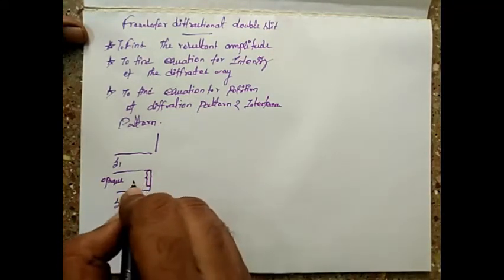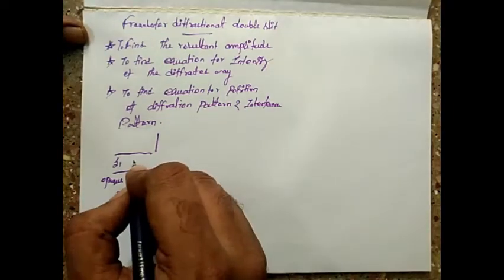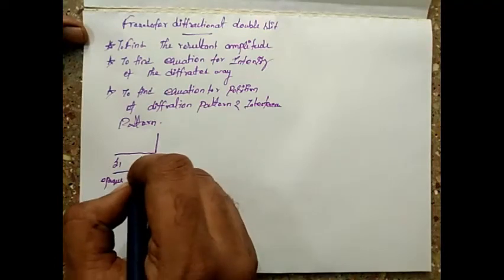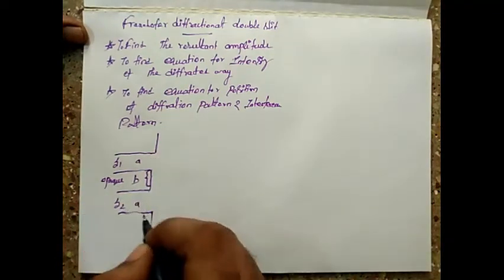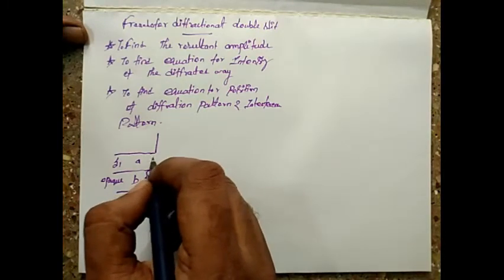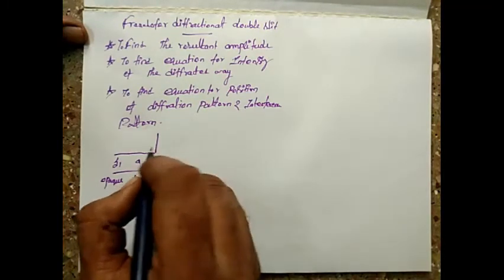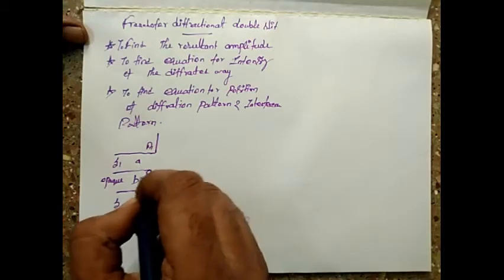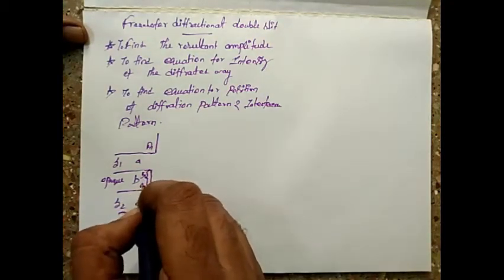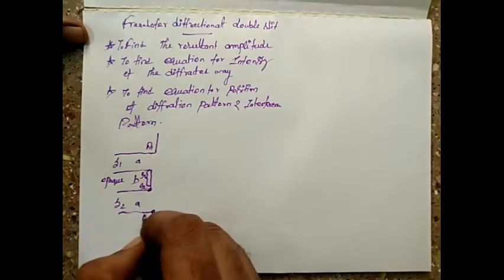The width of the opaque is taken as B, and the width of slit 1 and slit 2 are both equal, taken as A. This point is A1 and this one is B1. Again this point is A2 and this point is B2.